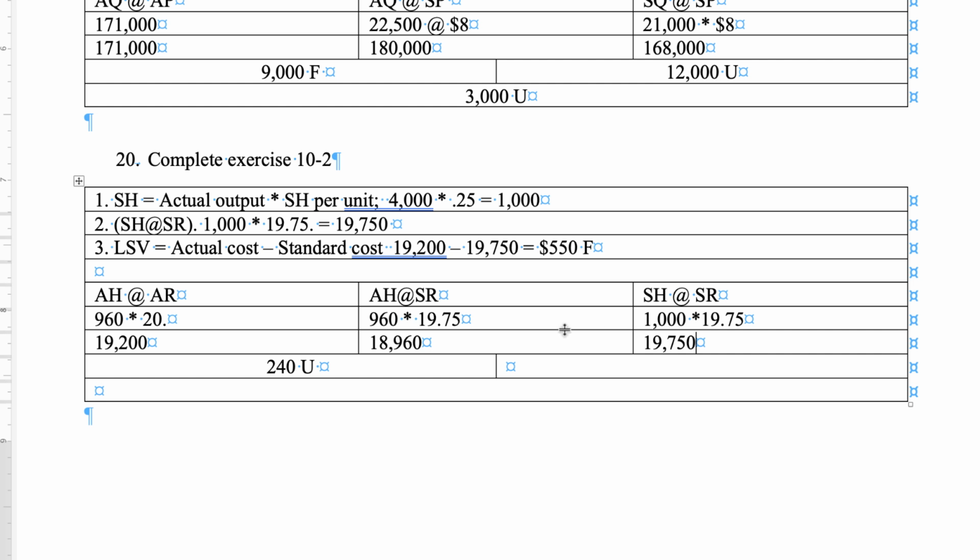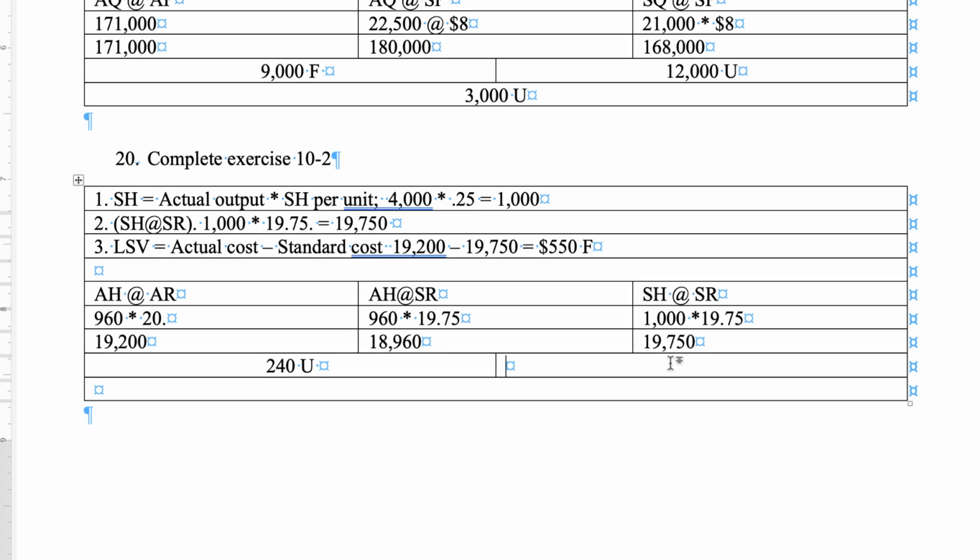So 40 hours times the 19.75 gives us 790. Or, working with the chart that we have here, we just take the difference between the 18,960 and 19,750. We end up with $790. Favorable. So that spending variance of 550 is proven right here.